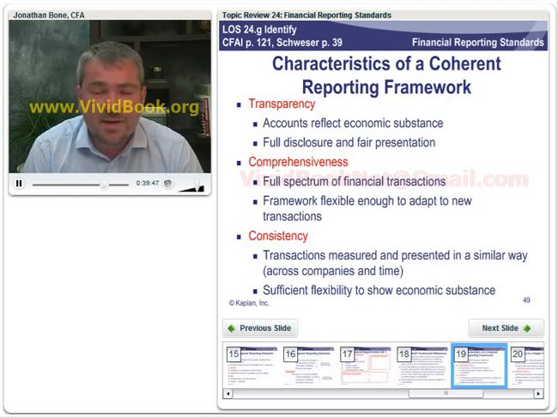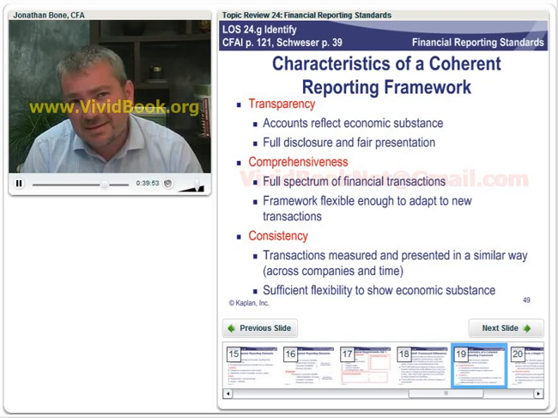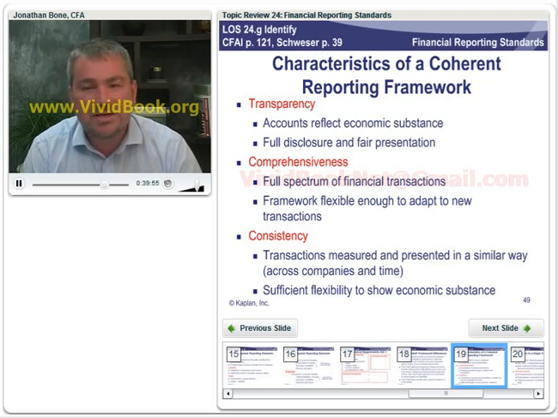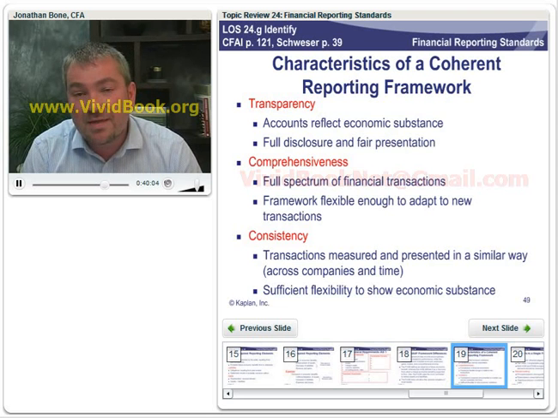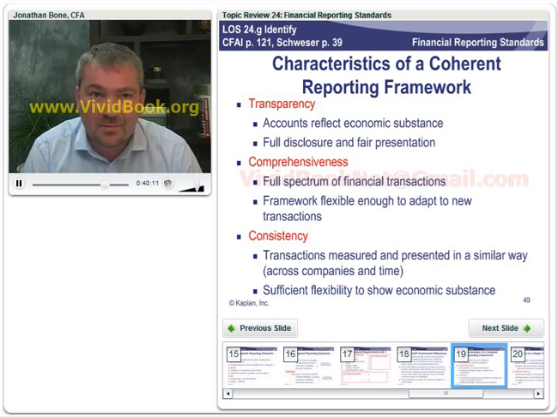Comprehensiveness simply means the framework should cover all financial transactions. Now remember what we said, it's the accounting standards that detail exactly how you deal with transactions. Now of course that leads us to a danger that as new transactions occur, because we live in a dynamic world, we could have a transaction where there is not an accounting standard covering it. However, no fear, because we have that accounting standard framework that we just looked at.